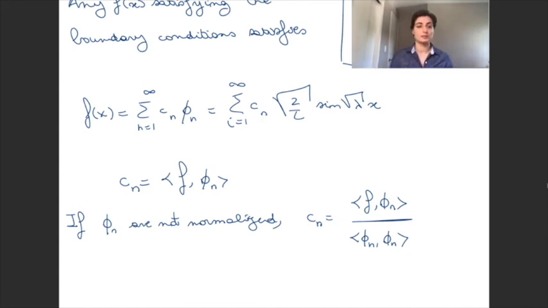If we didn't normalize phi n before, then we would have to define Cn as not only the inner product of f and phi n, but divided by the inner product of phi n with itself. We would retrieve the same value. Well, in the second case, Cn would also include the square root of 2 over L.